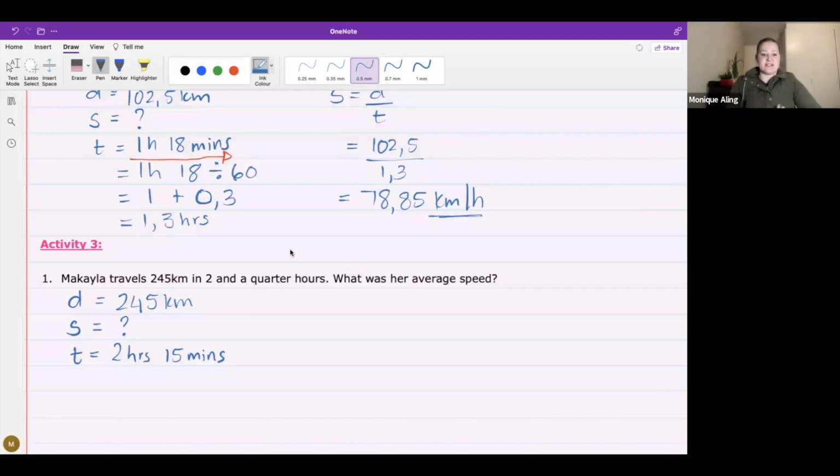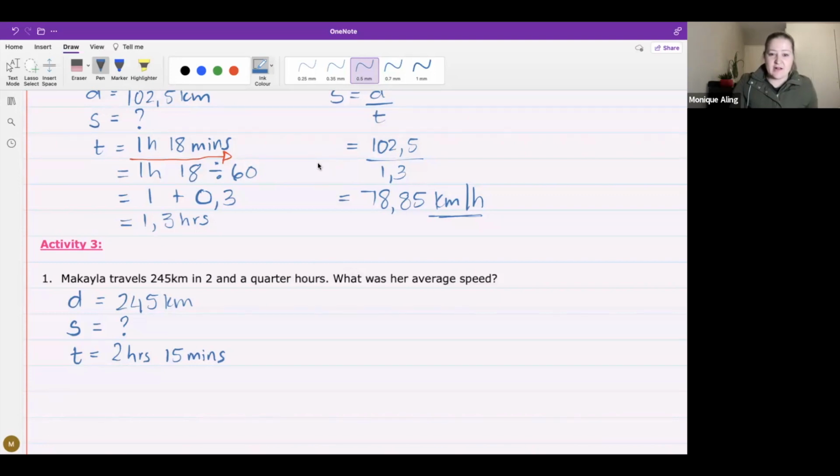Hey, do we have an answer for number 1? Let's see them in the chat. Yes, Ben, Suleka, and Khabo, just check rounding.